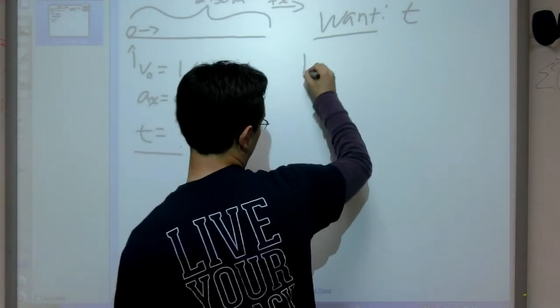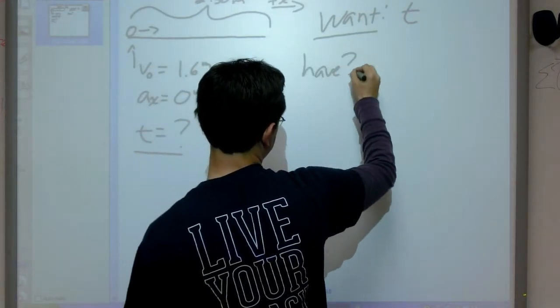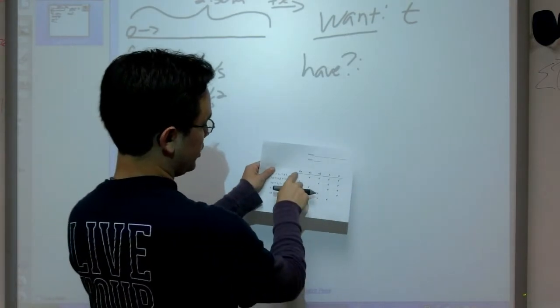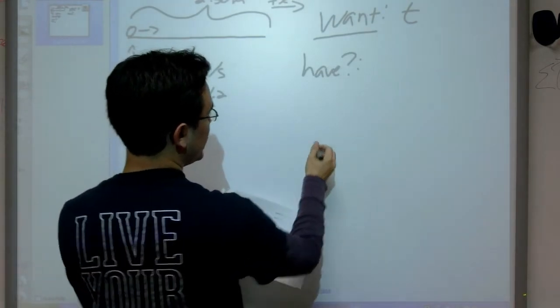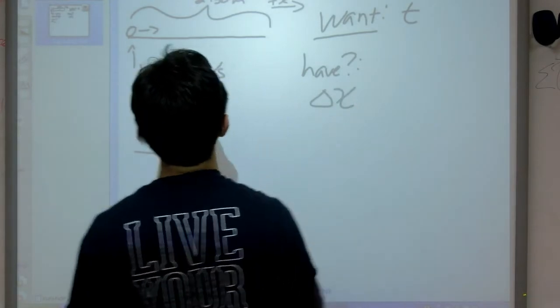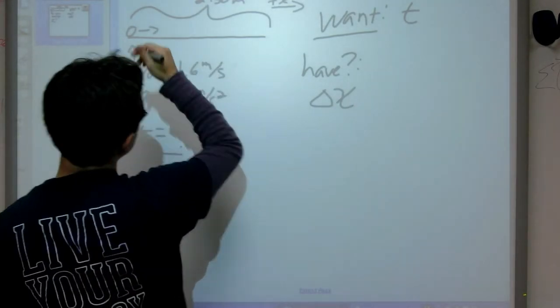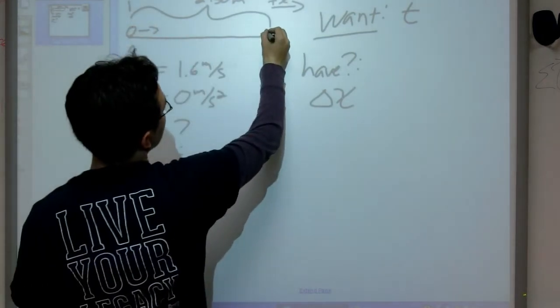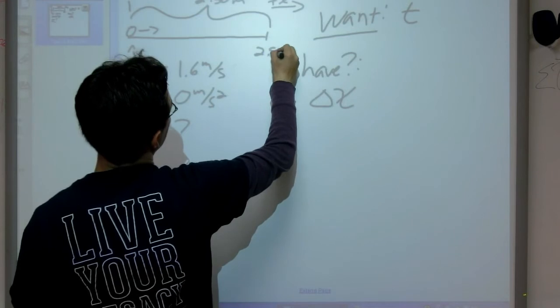The other question we have is, what do we have? Going across our variables along the top here, delta x. Do we have delta x? Well, we start over here at 0 meters, and eventually we end over here at 2.50 meters.